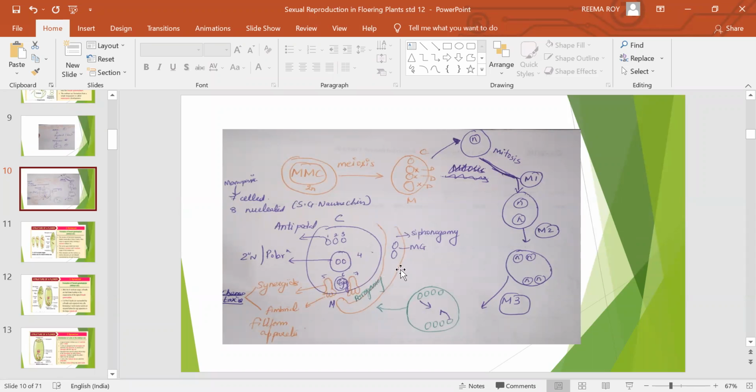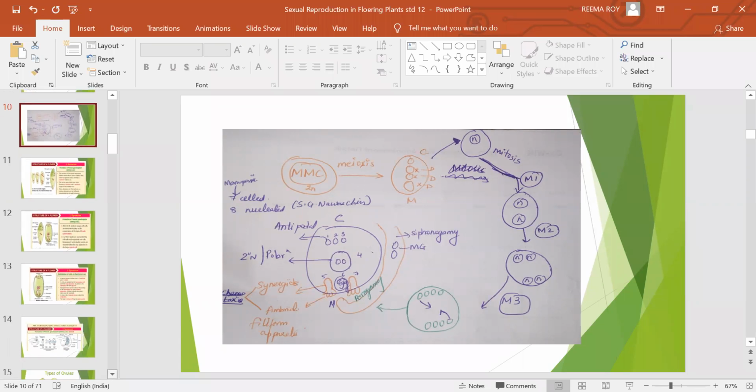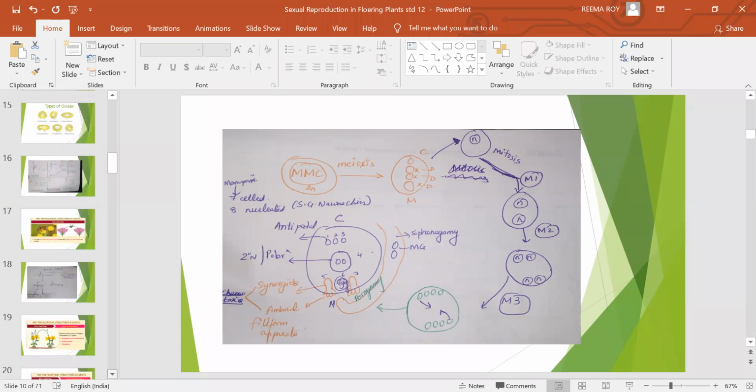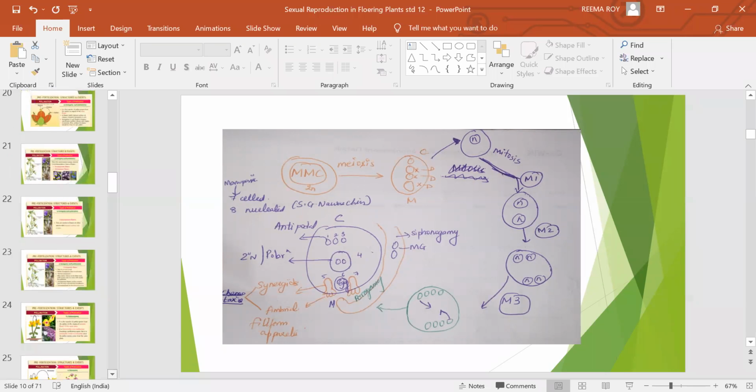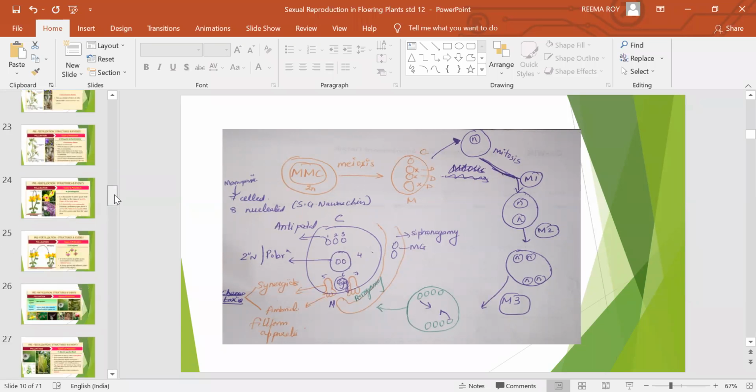Here the first male gamete will go and bind to the egg and form a zygote, and the second male gamete will go and attach to the polar nuclei and form PEN. What is PEN?